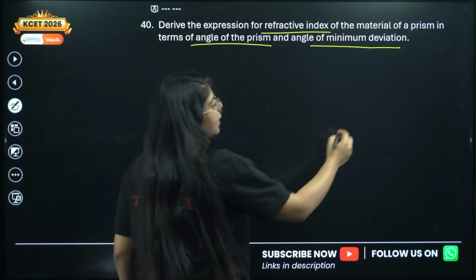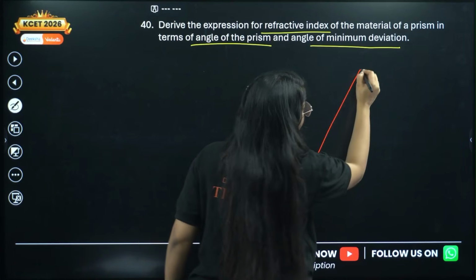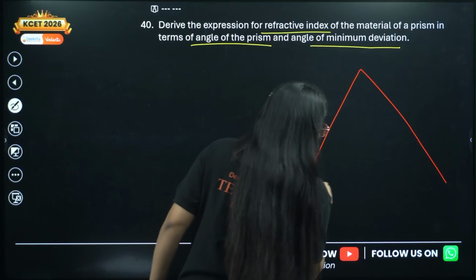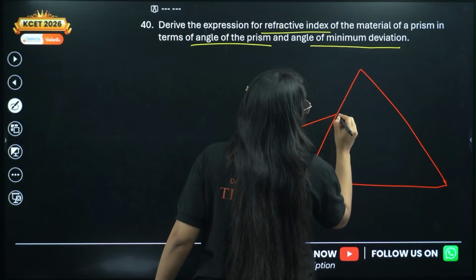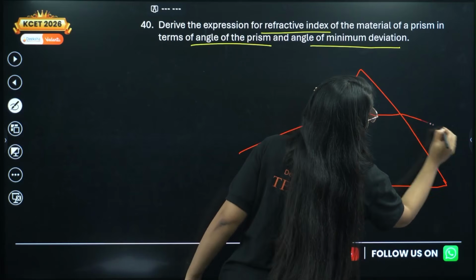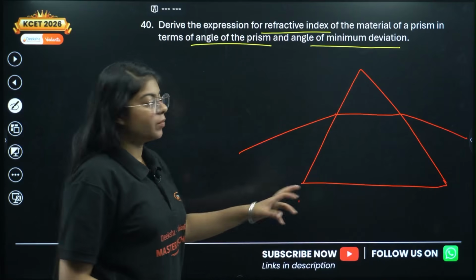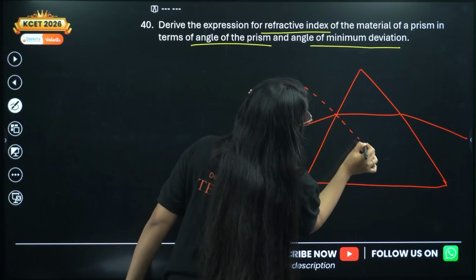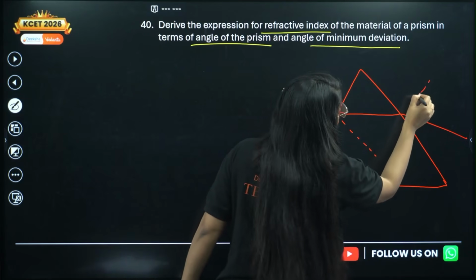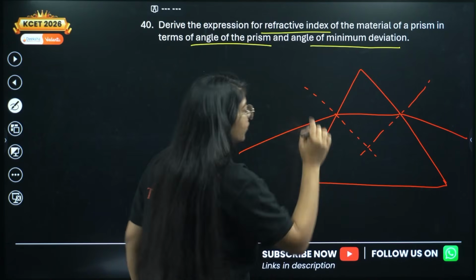For that, let us draw the prism. Use a lot of space on your paper, because we have so many angles in this diagram. So make sure you are drawing this diagram very neatly and at a decent size, okay?